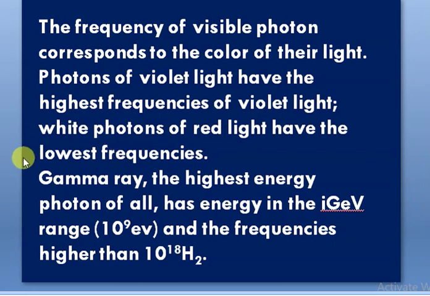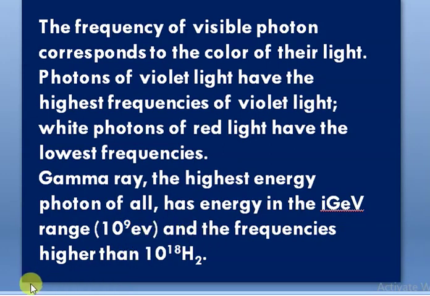Now, gamma ray is another electromagnetic radiation. The highest energy photon of all is from gamma rays. Gamma rays have energy of around 1 giga electron volt, in the range of 10 raised to power 9 electron volts.